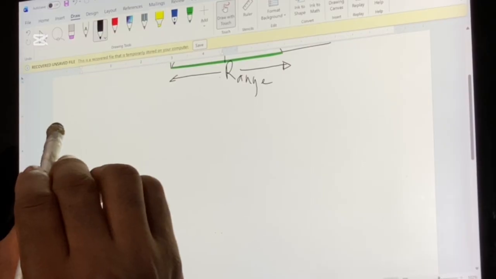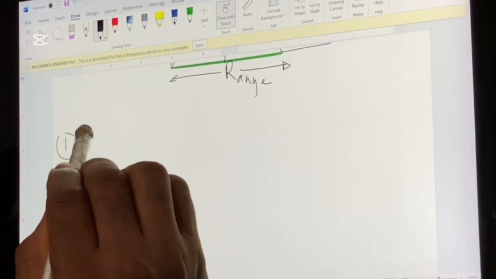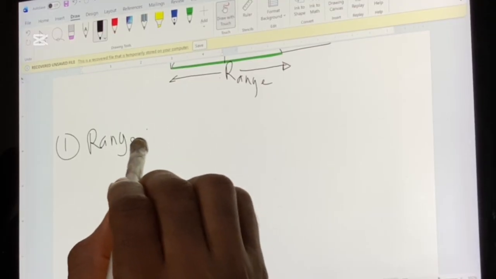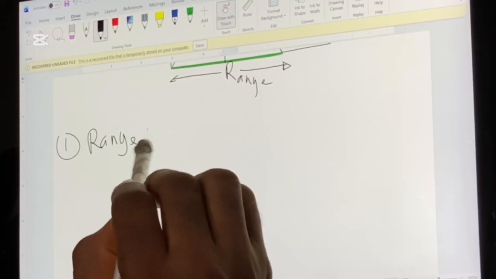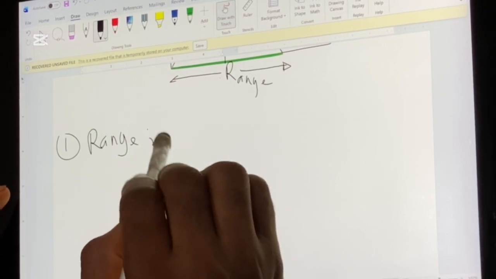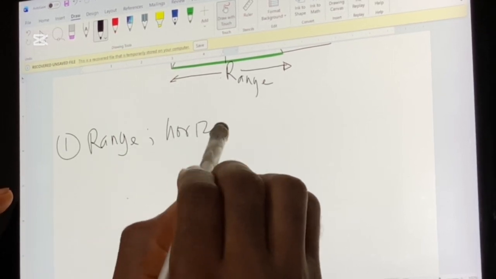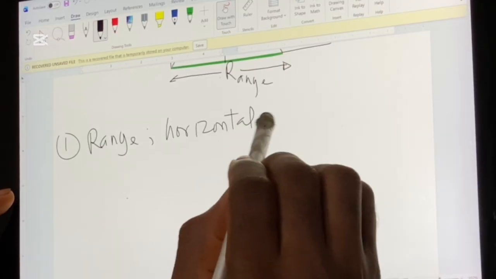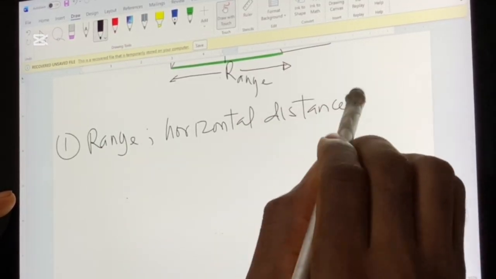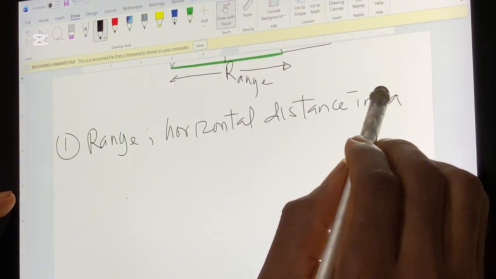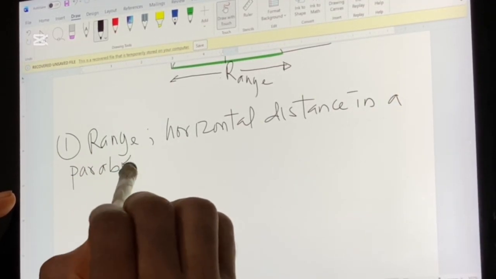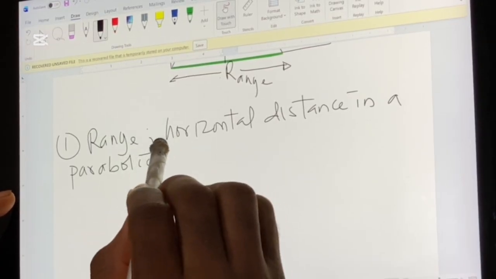Please write number one, range: horizontal distance in a parabolic path.